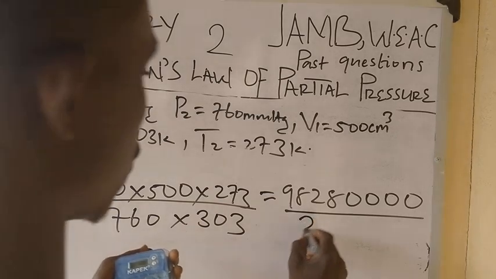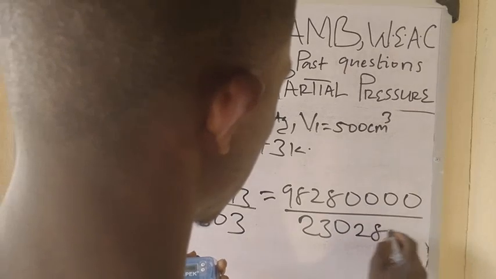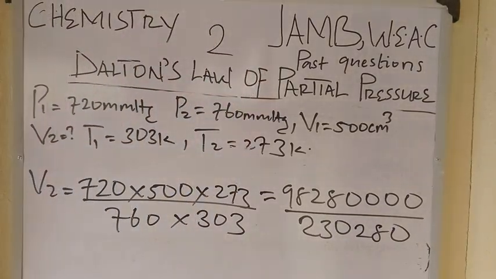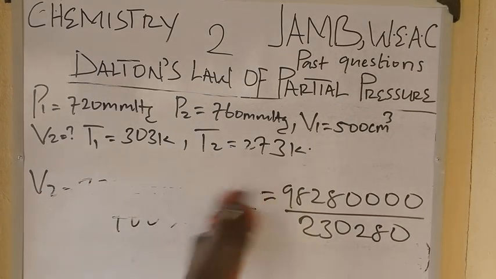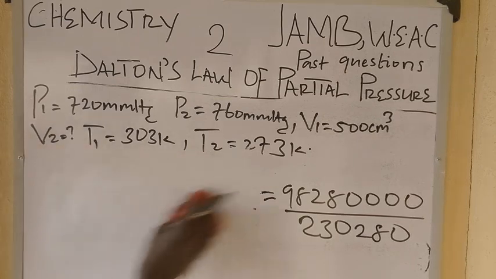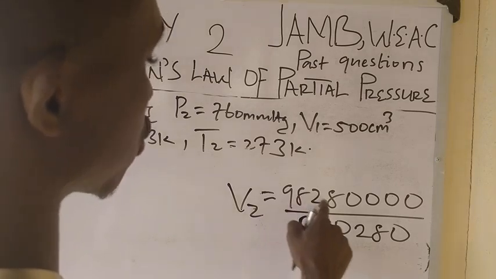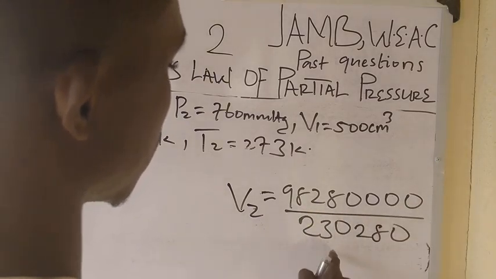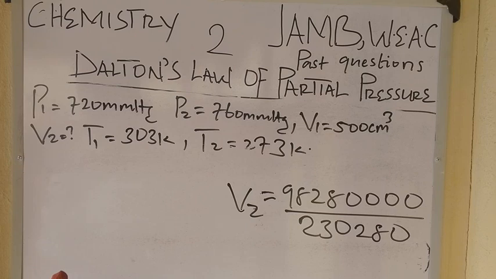This is 230280. So this is our V2. Our V2 is 98280000 over 230280. So let's divide this and see.